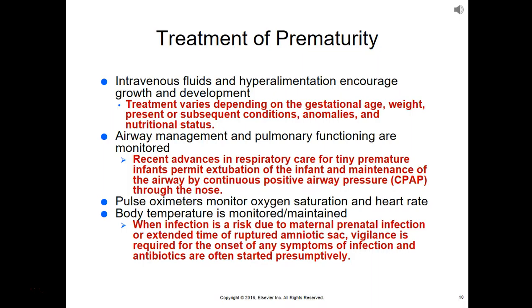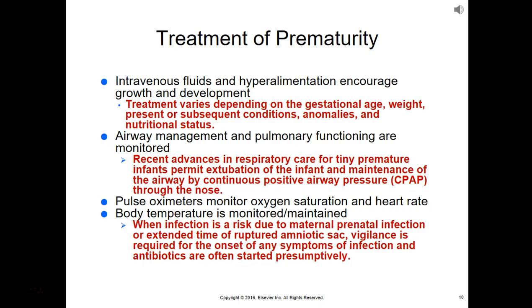Treatment for prematurity involves IV fluids and hyperalimentation, so they encourage the baby to eat a lot to encourage growth and development. Treatment varies depending on the gestational age, weight, and present or subsequent conditions, anomalies, and nutritional status. Airway management and pulmonary functioning are monitored.